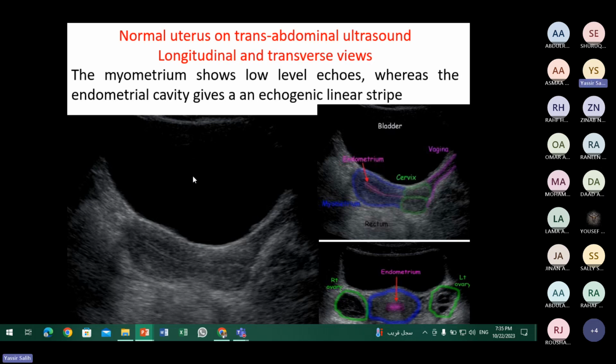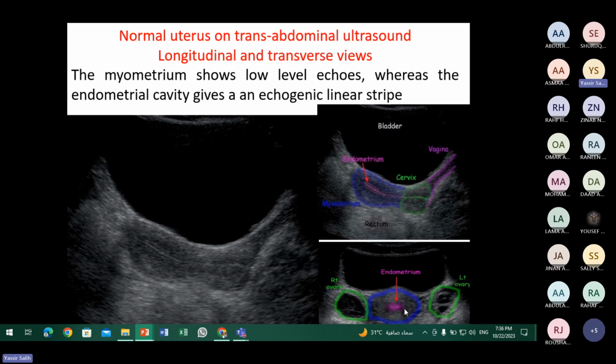This is a urinary bladder containing urine, and this is the uterus. This is the vagina, and this is the cervix, and this is the body of the uterus, and this is the fundus. This is the sagittal or longitudinal section. This is the endometrium. And in the axial plane, like this, you can see both ovaries, the left ovary on the left side and the right ovary on the right.